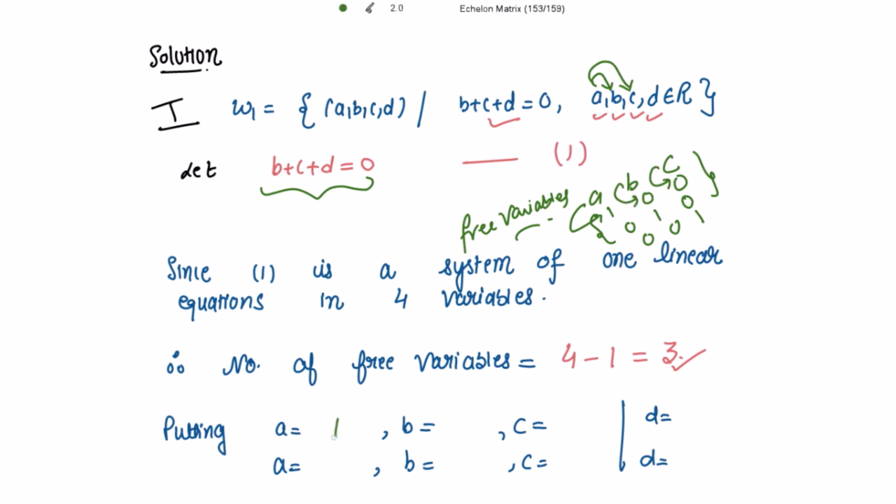So for A equal to 1, B equal to 0 and C equal to 0, from this equation 1 we are getting the value of D to be 0. Then in the next set, we are giving the value of A to be 0, B to be 1 and C to be 0. So for A equal to 0, B equal to 1, C equal to 0, B is 1, so D is equal to negative 1.